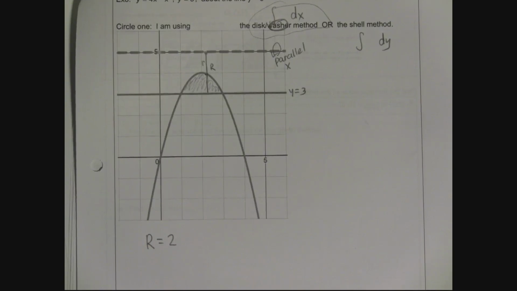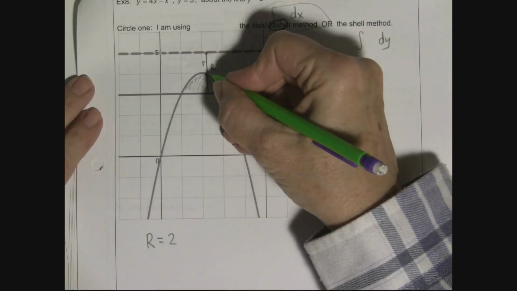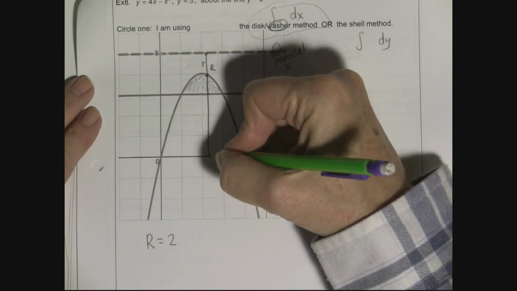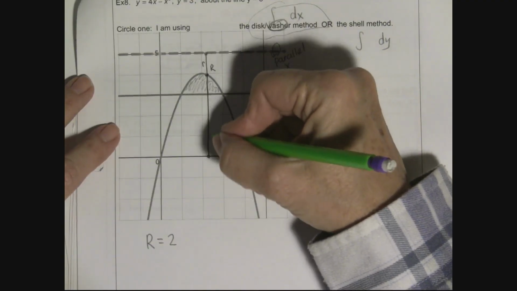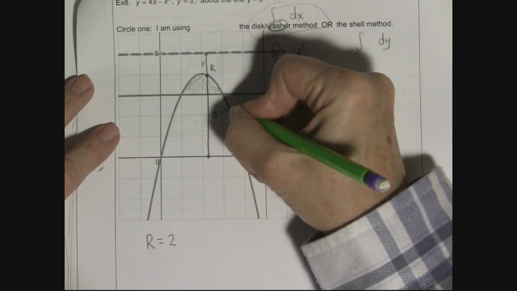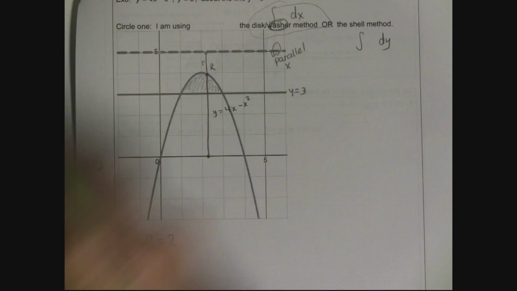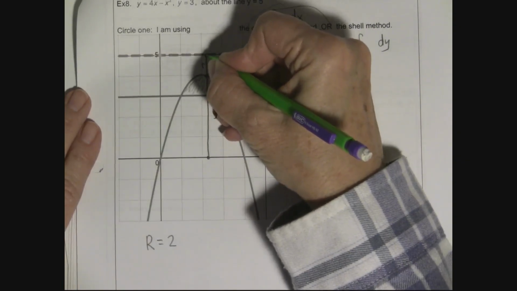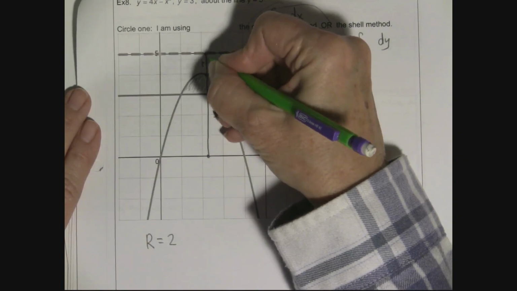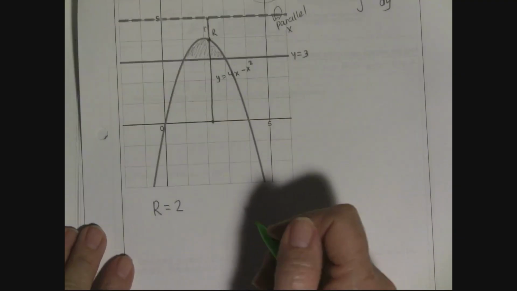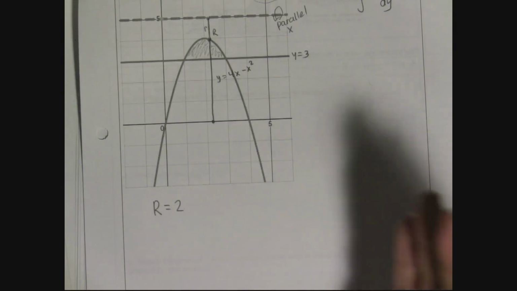Okay, and so again, I'm going to have to be tricky here. I know that the distance from this point right here all the way to the x-axis, that whole way, is y equals 4x minus x squared, right? And I know that this distance from right here to right here is r. So it's only that little air distance. And I know the whole thing is 5. So remember I want to use 4x minus x squared.